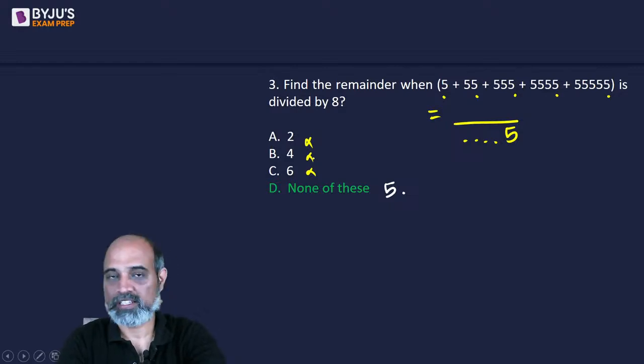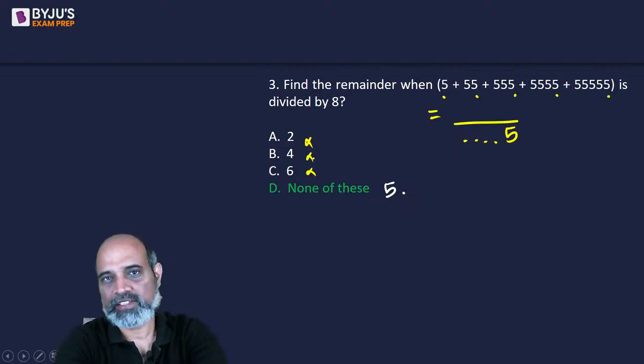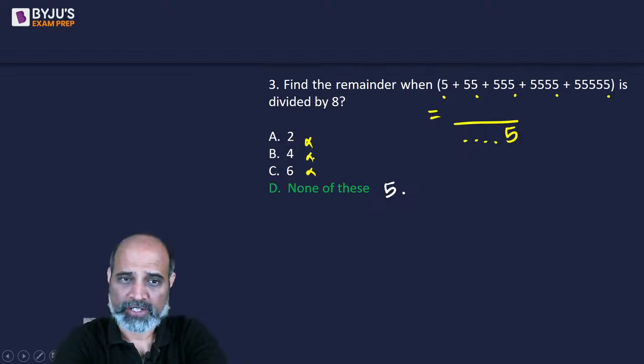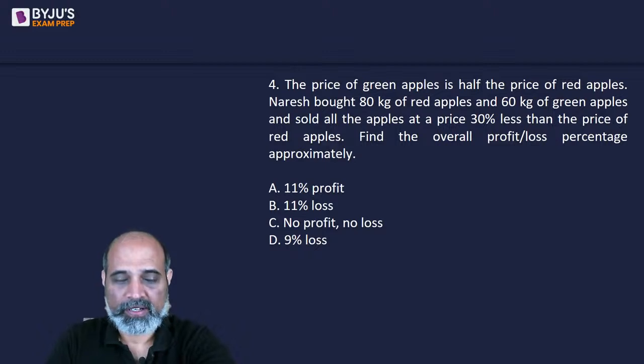So obviously these three cannot be your answer, right? So if you use a little smart logic and common sense, you will realize that your remainder cannot be an even value. So it has to be odd, right? Okay. The next one.